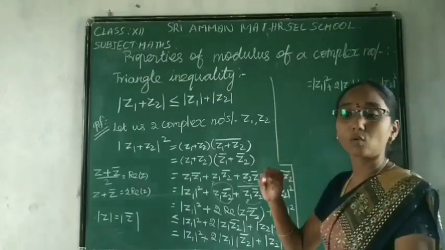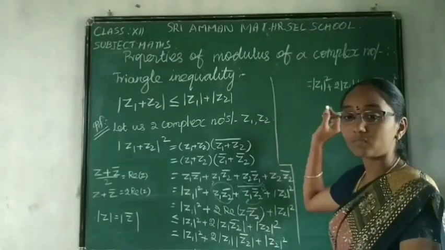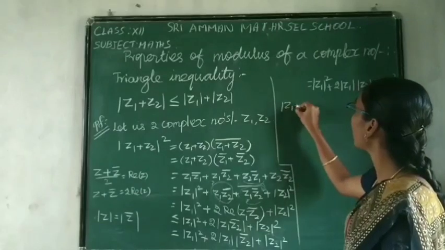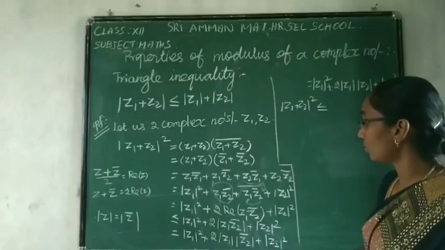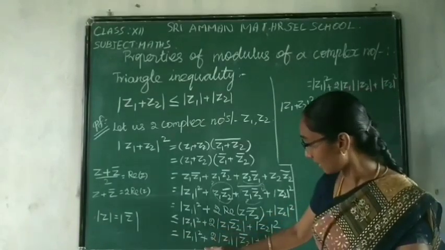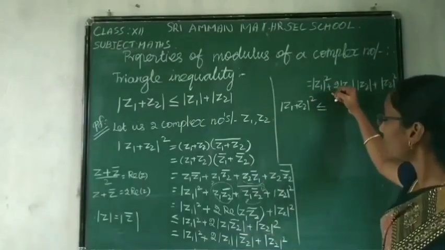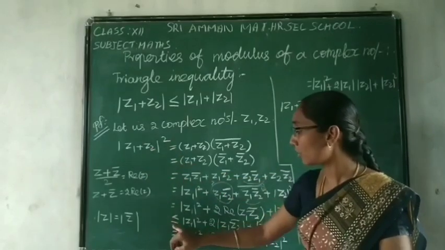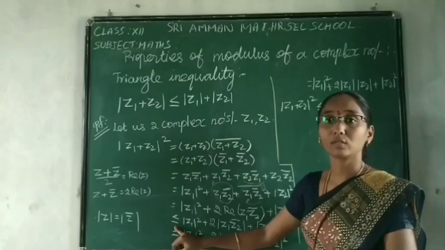This one is now modulus of z1 plus z2 the whole square, less than or equal to this expression. Here the expression is equal to this, but for modulus of z1 plus z2 the whole square, the symbol changes to less than or equal to.